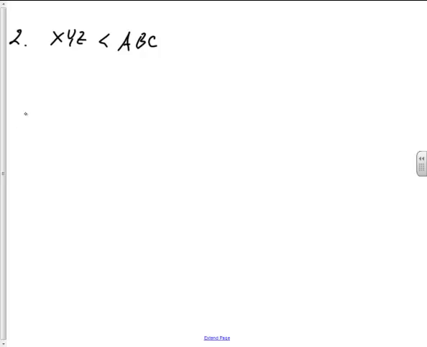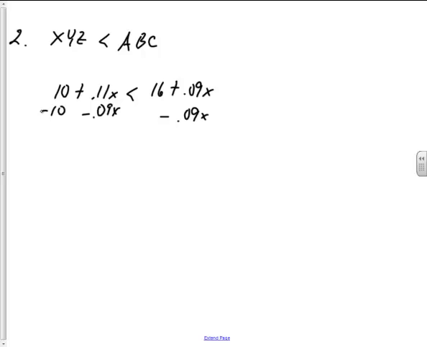XYZ charges $10 per month plus 11 cents per minute, and ABC charges $16 per month plus 9 cents per minute. So I'll solve this inequality in terms of x.